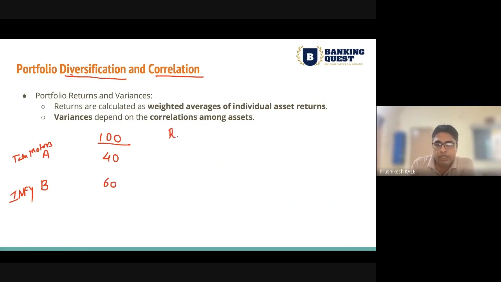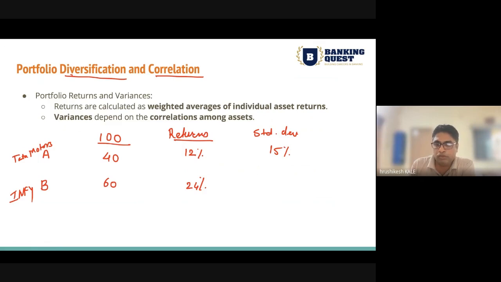If you see the returns given by Tata Motors in the last 10 years, let us assume Tata Motors gave 12% return, Infosys gave 24% return. Let us look at standard deviation. Standard deviation is nothing but the risk. The risk of Tata Motors is 15%.